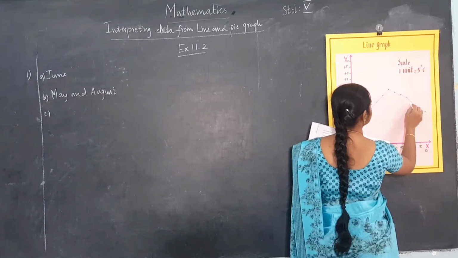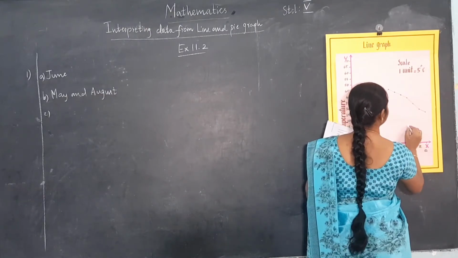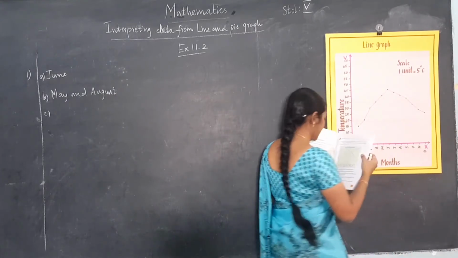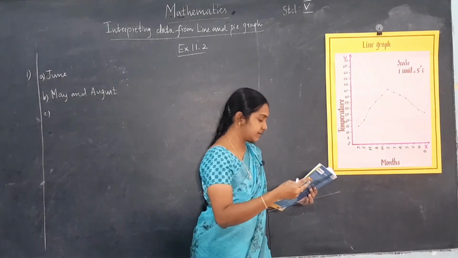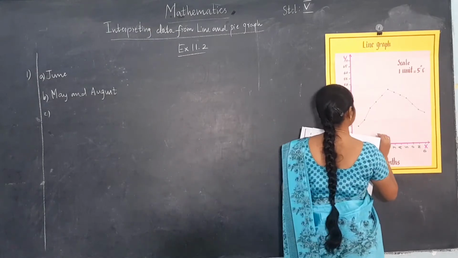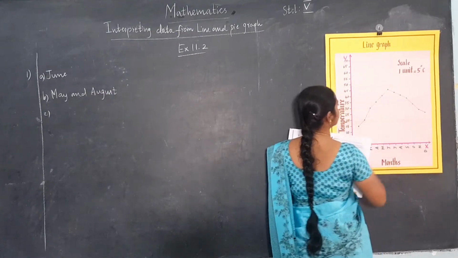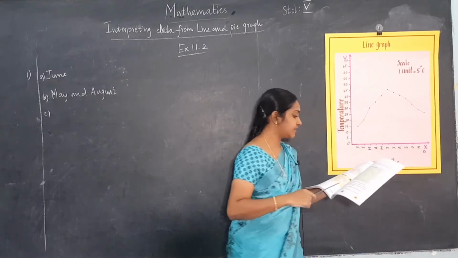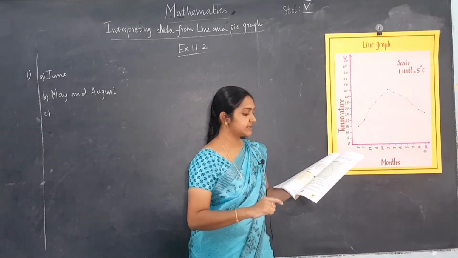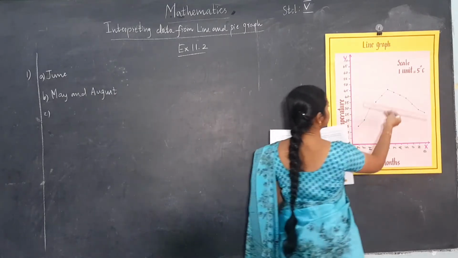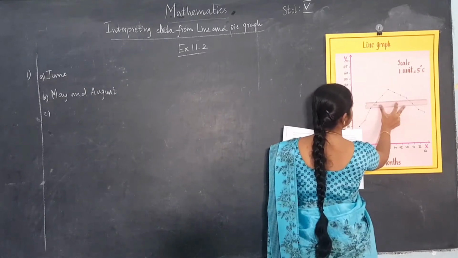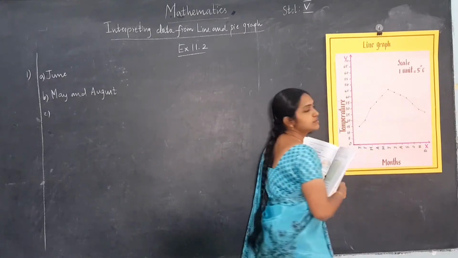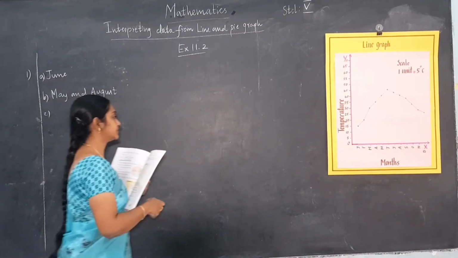Here is September, and another one to be compared is April. We have to say whether the statement is true or false. See here, September is higher than April. So the statement is true.